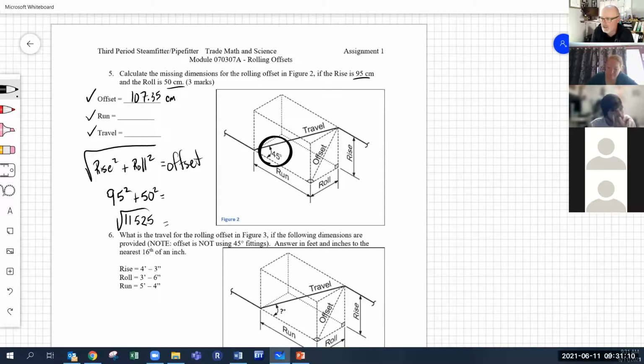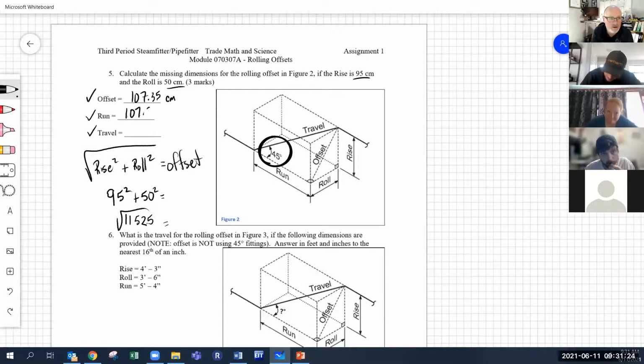What is my run then? They are the same in a 45-degree, right? Yes.